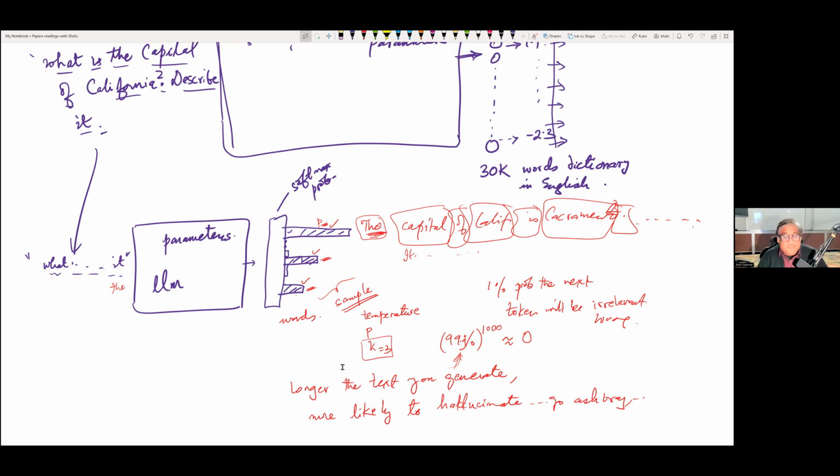Right? So sometimes people feel that we need a better mechanism than this next word prediction engine when it comes to generative AI.